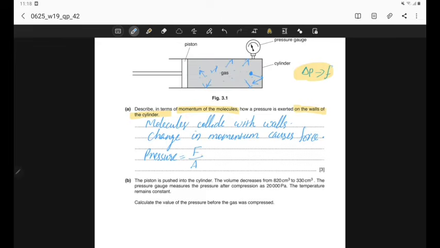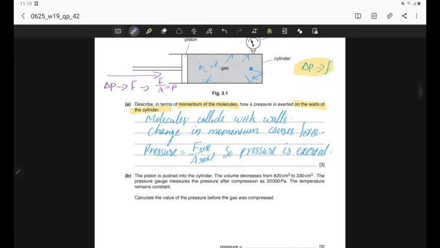So pressure is exerted. These points you should study well, and if you write these points only, you can score 3 marks. Initially these molecules collide with the walls, which will cause a change in momentum. When there is a change in momentum, it means it exerts a force. When there is a force acting on an area, it will cause pressure. So these are the points you should write.